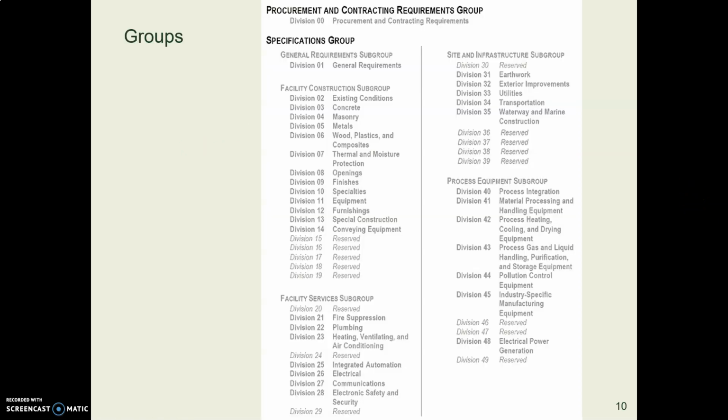And what are they? Well, first there are two general groups, and one of them at the top there is procurement and contracting. Procurement means purchasing, and so this is basically bidding and writing of contracts. Then the whole rest of the system is for specifications.